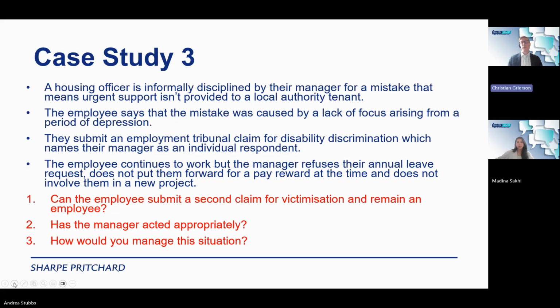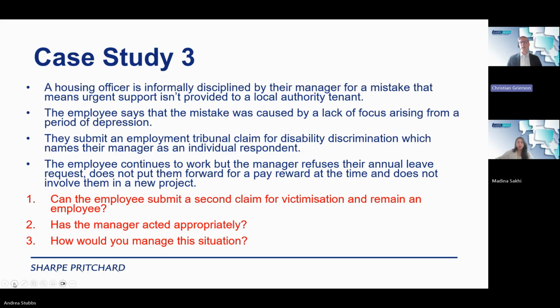But here we're seeing three different acts of potential unfavorable treatment happening to that individual following the fact they've put in a tribunal claim that names that manager as an individual respondent. It will suggest that those acts were motivated by victimization. Of course, the manager may be able to objectively justify each decision, but they will have to do so clearly.